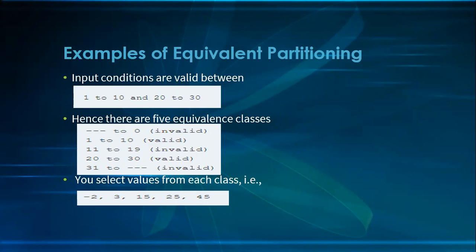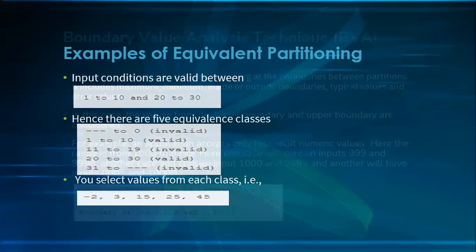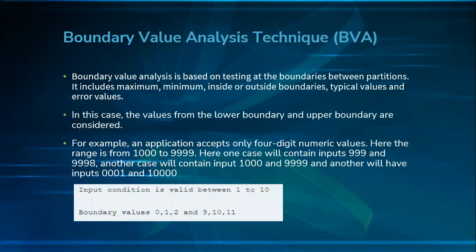Now let's move further to the next technique, which is boundary value analysis, called the BVA. BVA, boundary value analysis, is based on testing at the boundaries between the partitions.